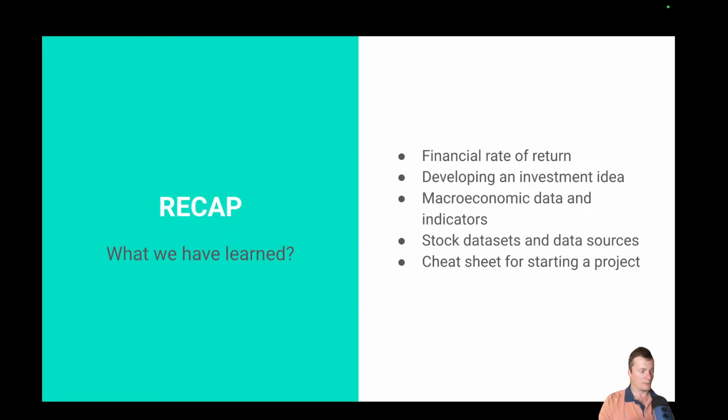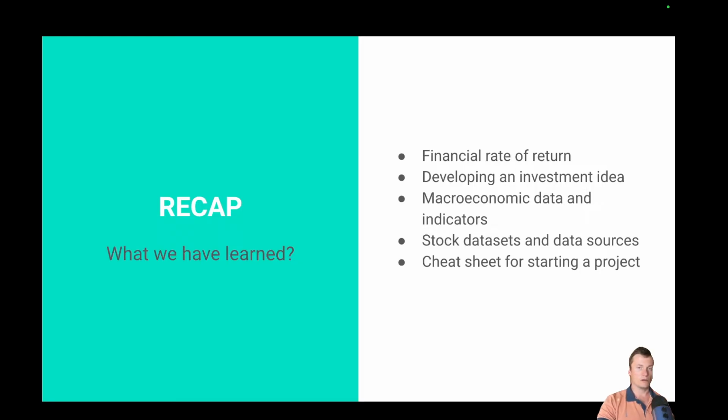Recap for today. What we learned today. First, we discussed the concept of a financial rate of return, the efficient frontier, and the balance between risk and reward.